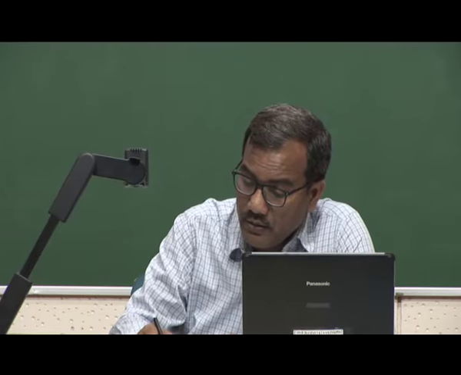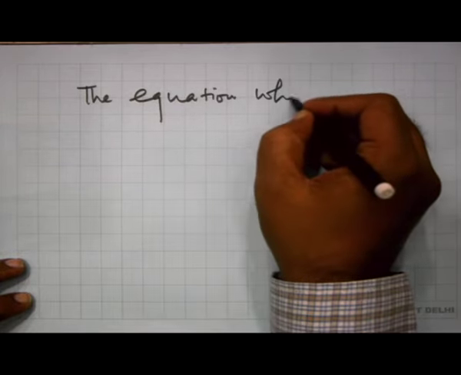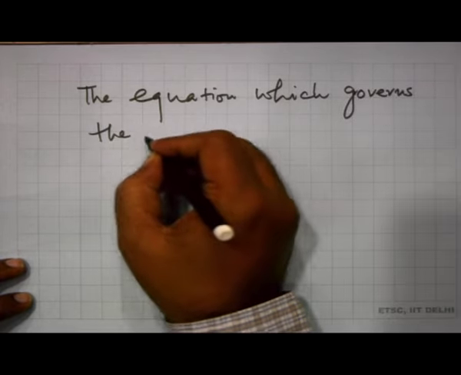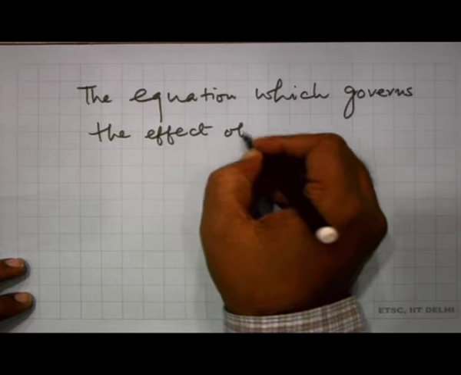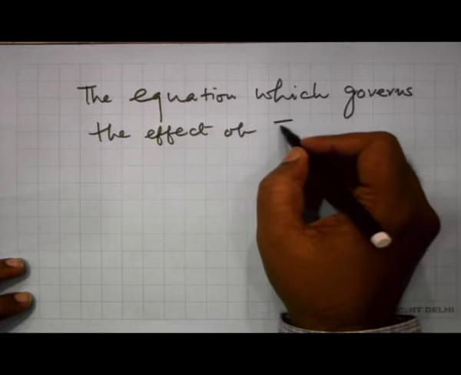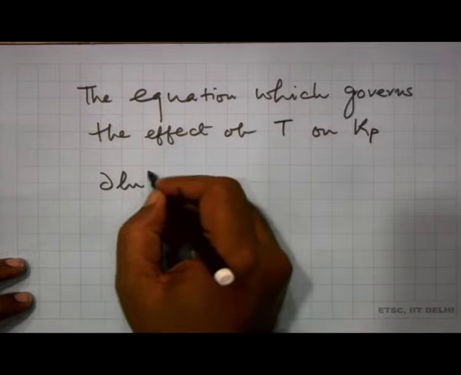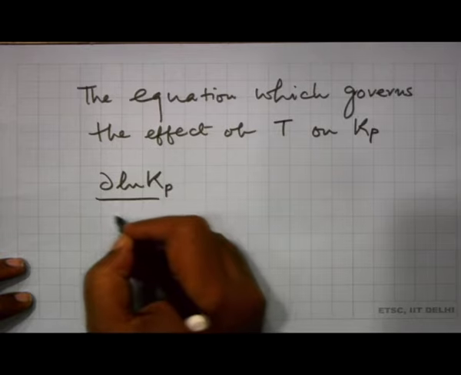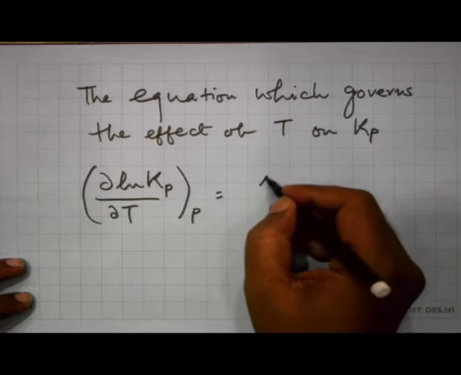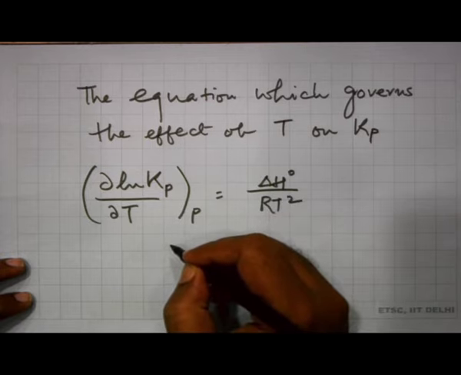The equation which governs the effect of temperature on Kp or Kc is given by del log Kp by del T at constant pressure is equal to delta H naught by R T square.